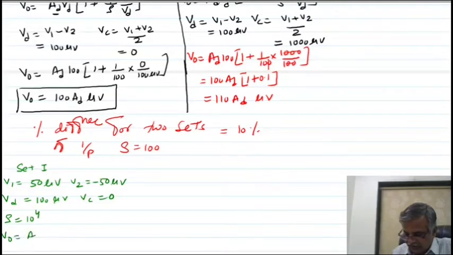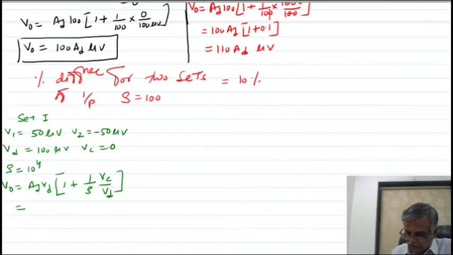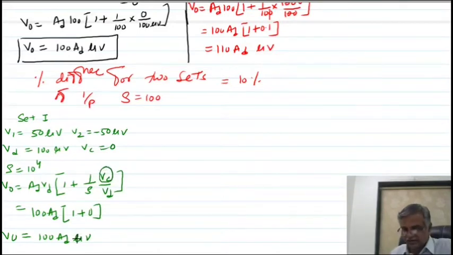VO is AdVd, 1 plus 1 upon rho Vc by Vd. So this is 100 AD, 1 plus this is 0. Because this is 0, I am getting this.